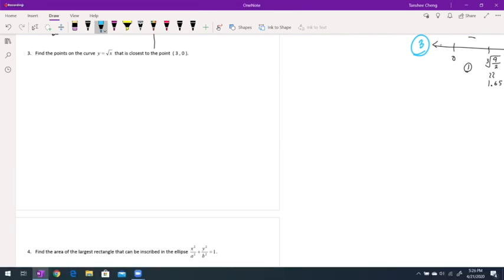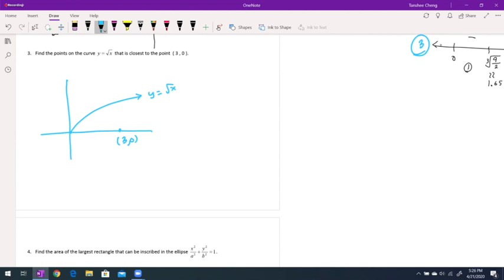So example 3 is find a point on the curve y equals square root of x that is the closest to the point (3, 0). So here's my y equals square root of x, and here's the point (3, 0).